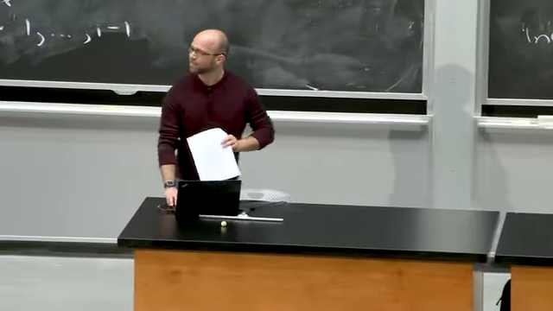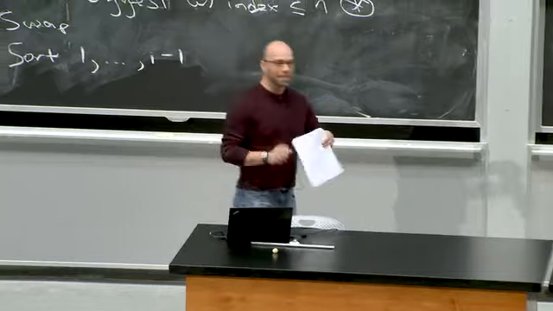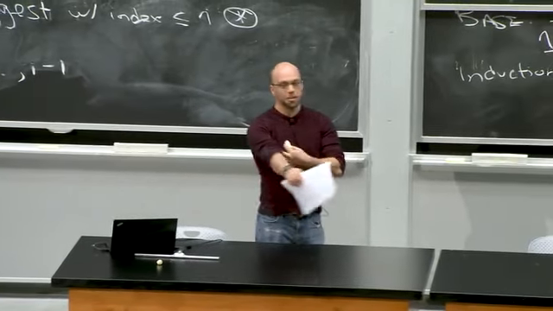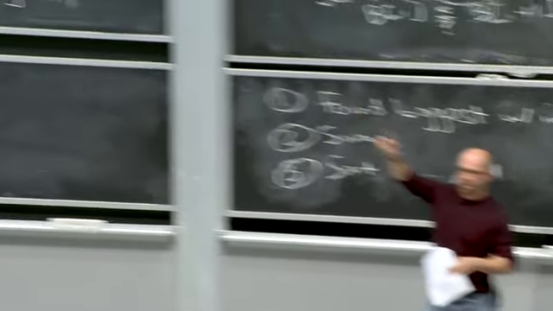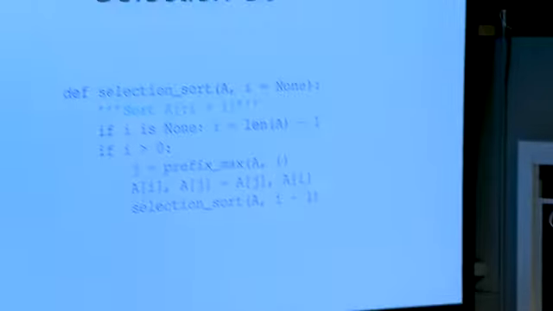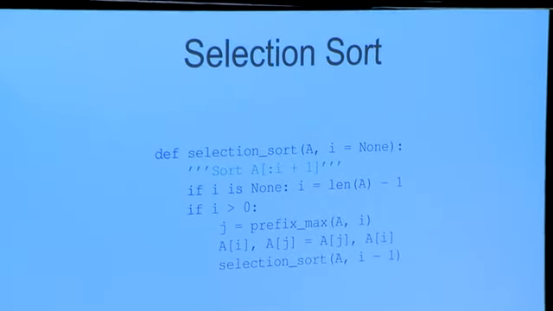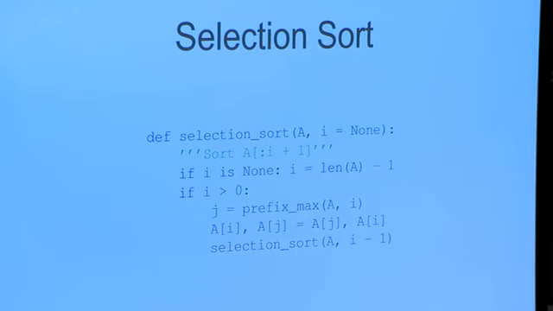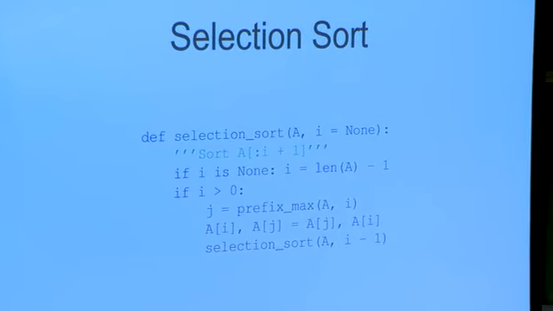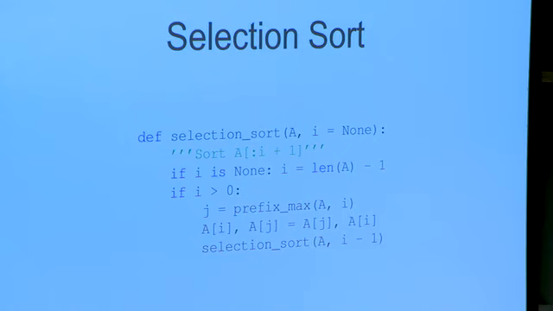Okay, so if we want to implement the selection sort algorithm, we're going to think of I as the index of that red line that I was showing you before. Everything beyond I is already sorted. So in selection sort, the first thing I'm going to do is find the max element between 0 and I, and then I'm going to swap it into place.